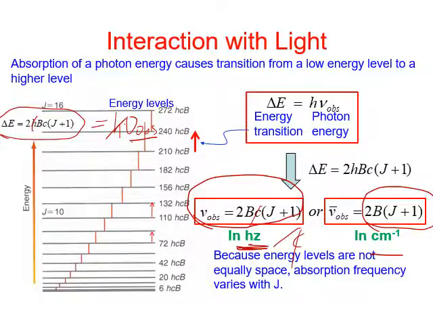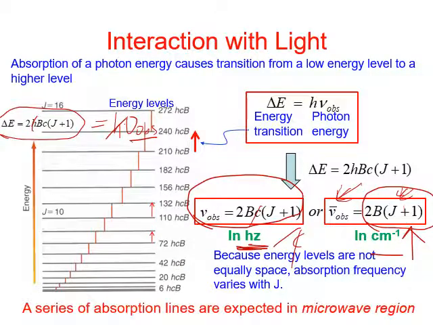Looking at this equation, you can see that when you change J, the absorption frequency will change. So with many possible J, we predict a series of absorption lines. Because the separation is in the microwave range, the absorption will be in the microwave.